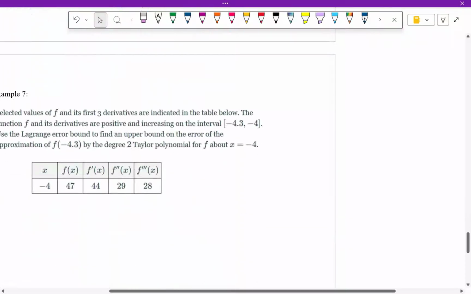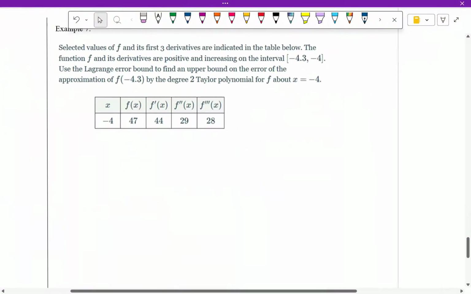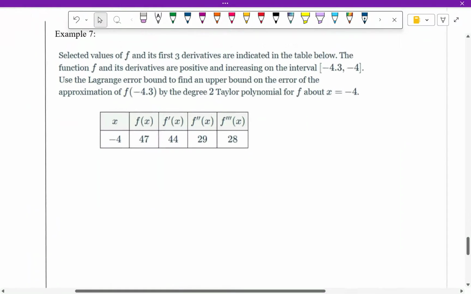Okay. Let's take a look at example 7. Go ahead and read it to yourself because you know the College Board loves a good table. Okay, let's do this problem and then I'll have you go.